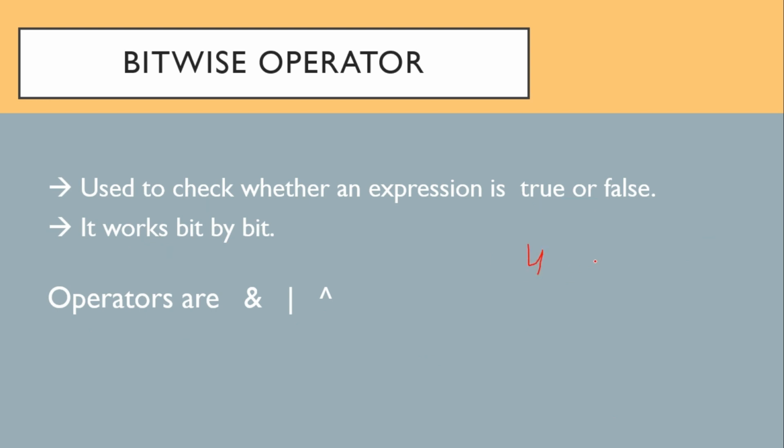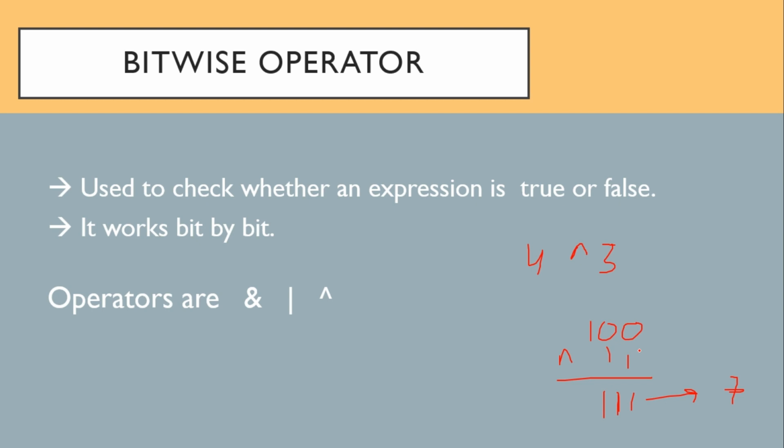If we do exclusive OR between 4 and 3, the binary was 1 0 0 and 1 1, so the exclusive OR of this will become 1 1 1, which is 7. So our output will be 7. If you do not know how to convert decimal into binary, you can search on YouTube, you will get plenty of videos. So that was the basic difference between these two operators.